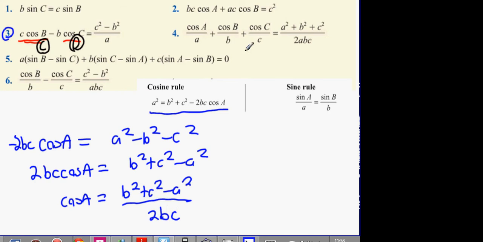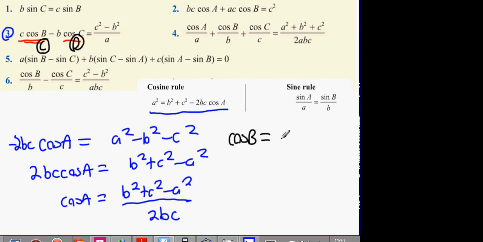Now guys, once you do one of them, you're allowed interchange for the next two. So for example, you can do this now. What can you tell me cos B is then? If cos A is this, what's cos B? Anywhere you see A, and anywhere you see B, swap them. Do you understand?